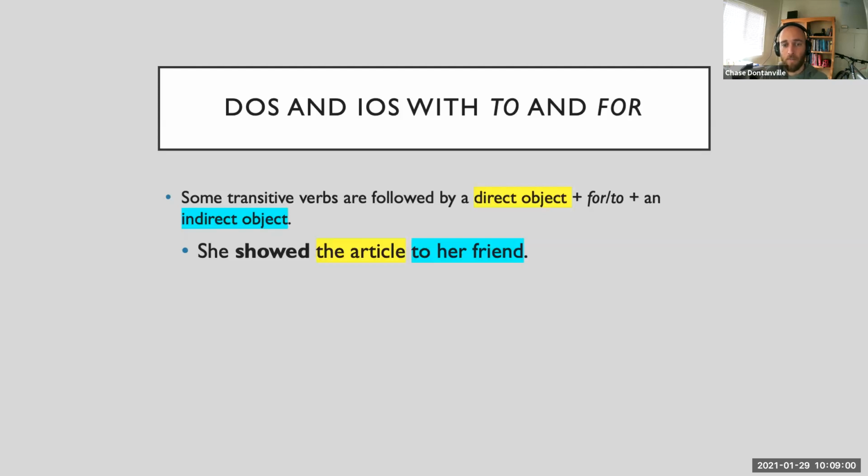What did she show? The article. So the article is the direct object. And to whom did she show it? Her friend. So to her friend is the indirect object. I often get the mail for my neighbor. Okay, get is the verb. What do I get? The mail. And then for whom? For my neighbor.